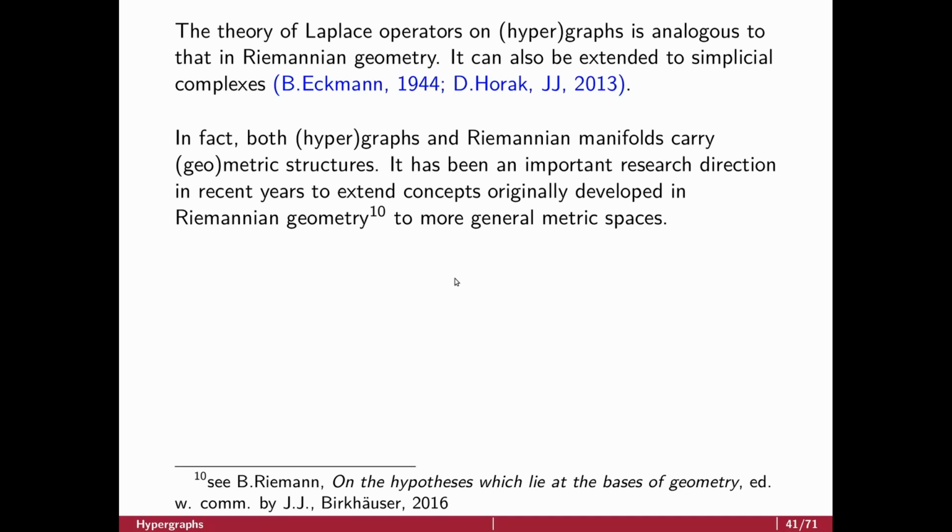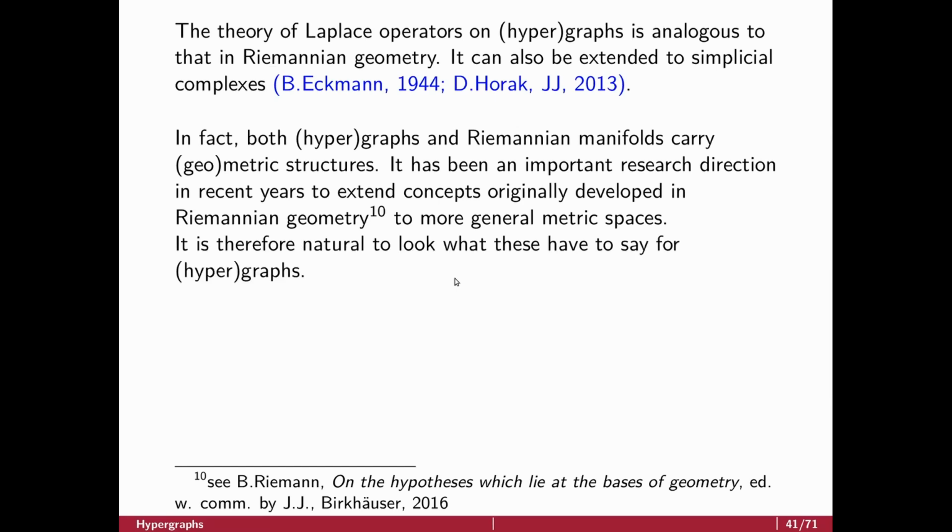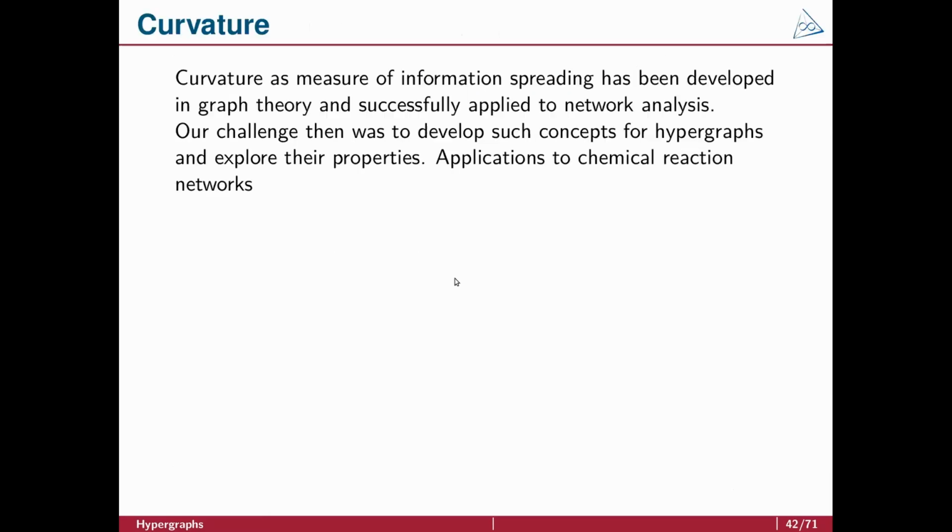Whereas if you do these things on graphs, on more general metric spaces, it becomes much simpler. But the historical development was in the other direction. And as already said, curvature is the most basic invariant.